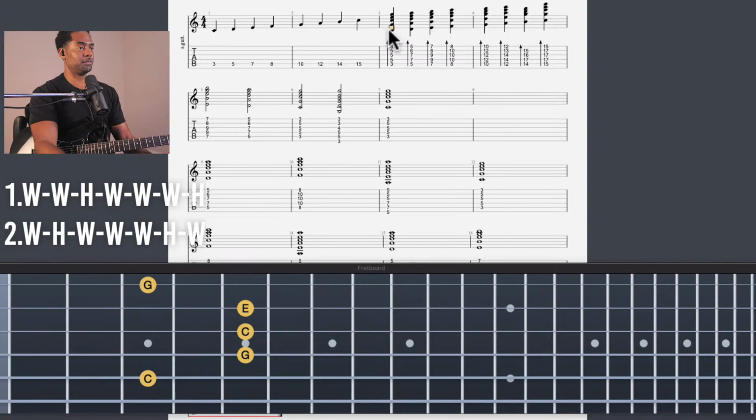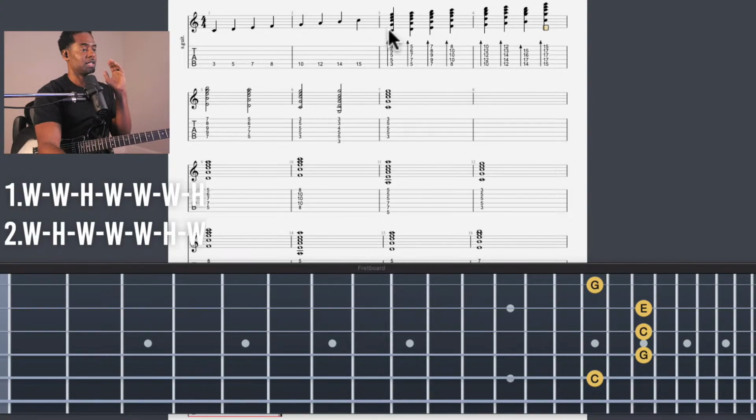So let's just see how that looks. Again, that is from the A string, where all the root notes is actually on the A string. All right. So just keep that part in mind.